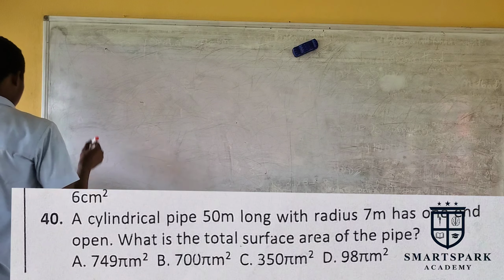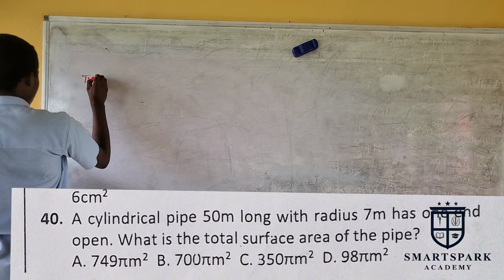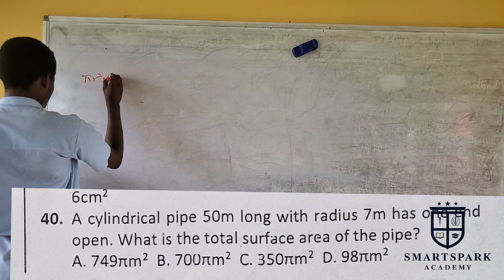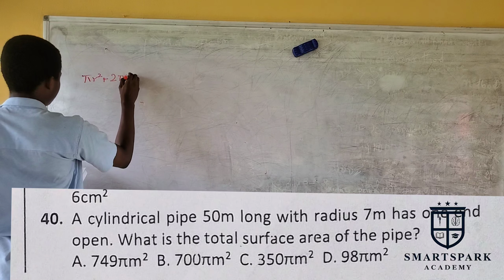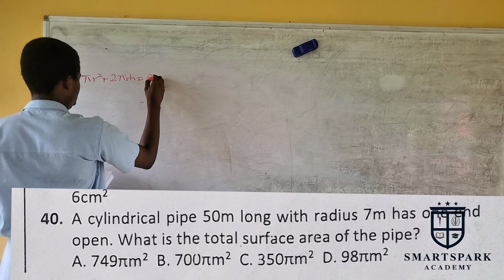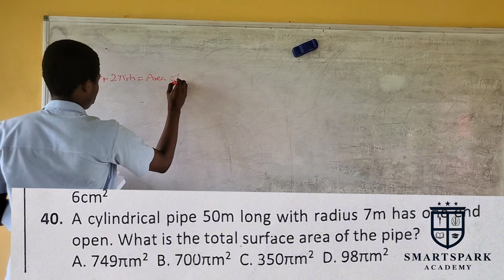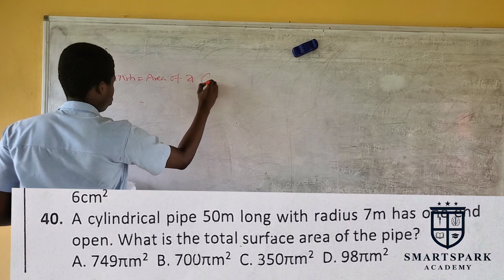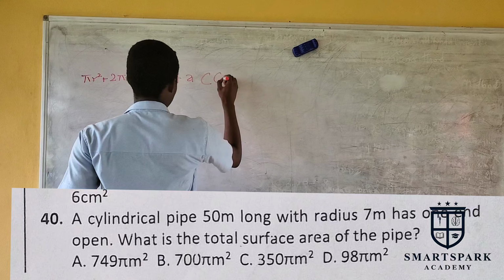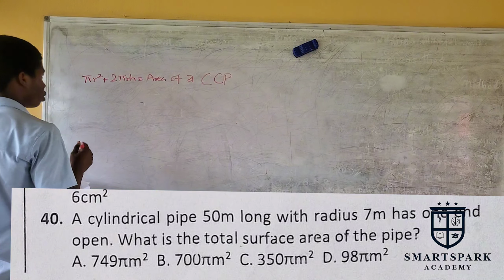The formula is pi r squared plus 2 pi r h, which is the area of a closed cylindrical pipe. Our radius is 7 meters.